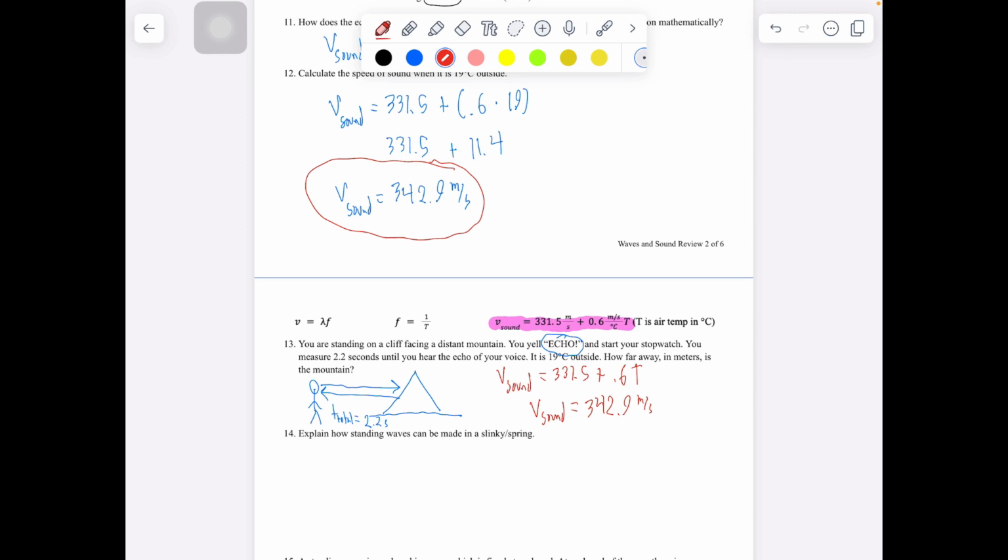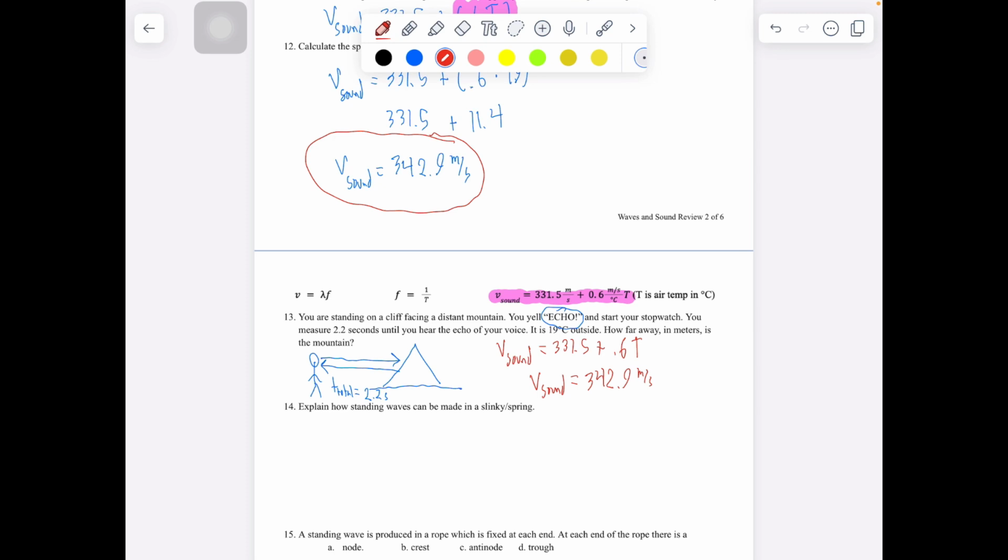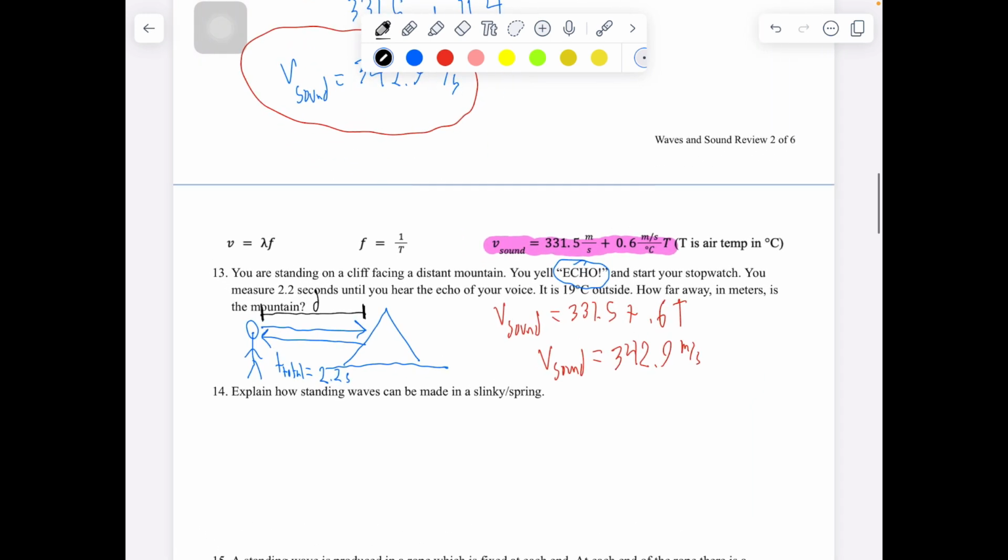We are trying to find out how far away is the mountain. Well, that mountain is a distance away. We could abbreviate that distance away as d, but for this distance, we can't use our total time. We have an equation. We could say delta x, that distance, that displacement, is equal to velocity times time.